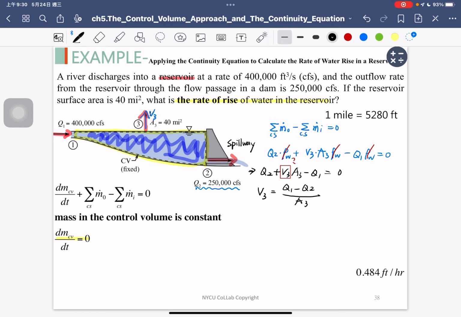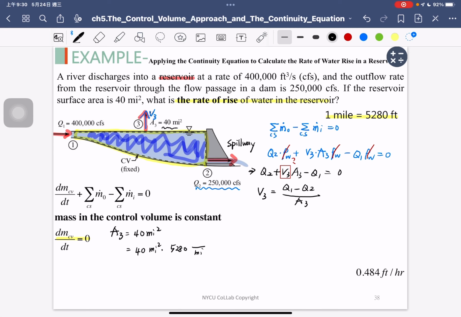So, if we go back to the A3, the cross-section area A3 is equal to 40 miles squared. And I have highlighted here, 1 mile is equal to how many feet. So we first change the dimensions. The 40 miles squared multiplied by 5280, and this is the 1 mile.